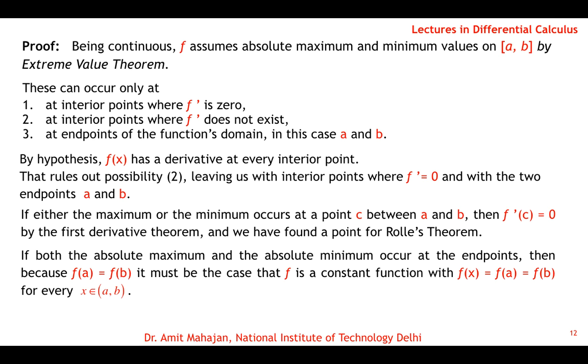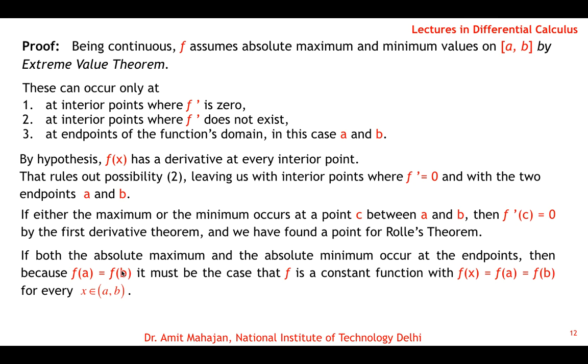So if both the absolute maximum and the absolute minimum occur only at the endpoints, then because the function value at a and the function value at b are equal, and if f of a is maximum, then f of b must be minimum, or if f of a is minimum, then f of b must be maximum, but they are equal.